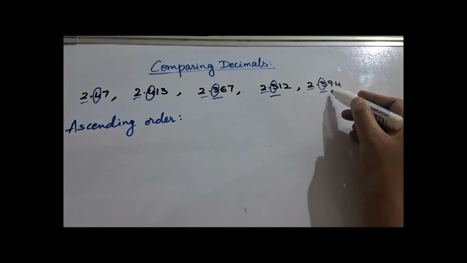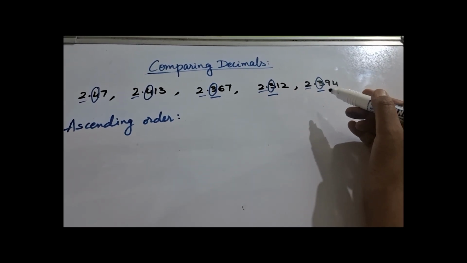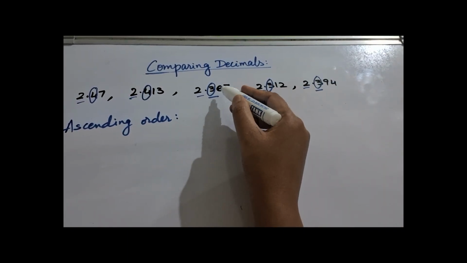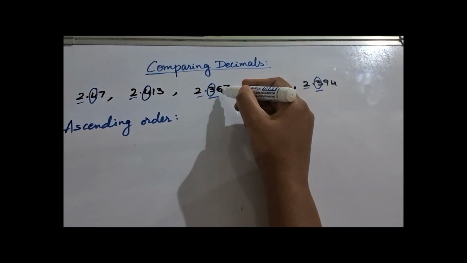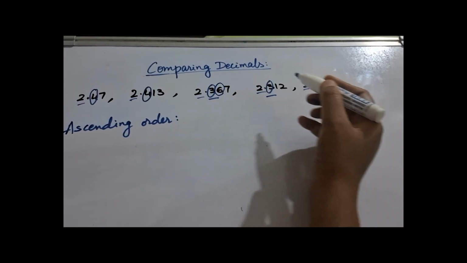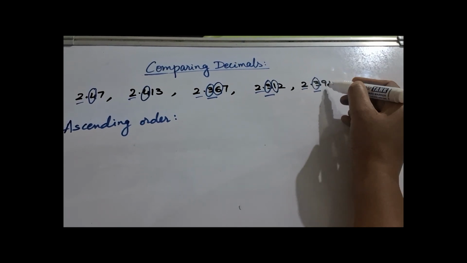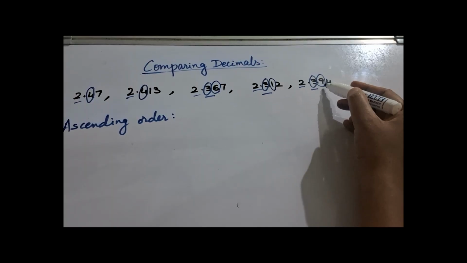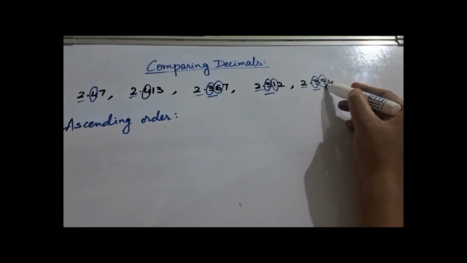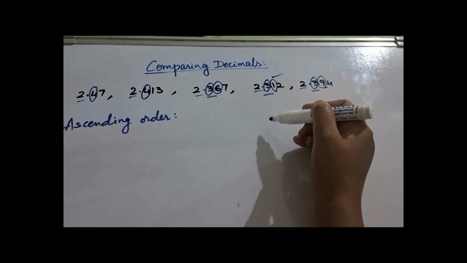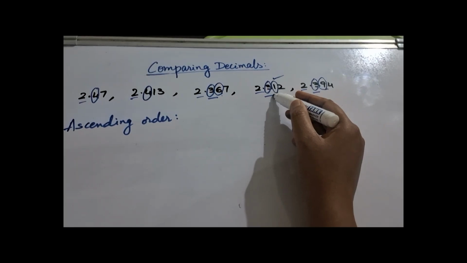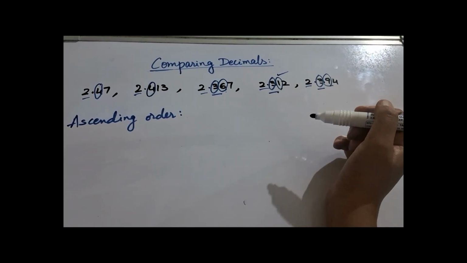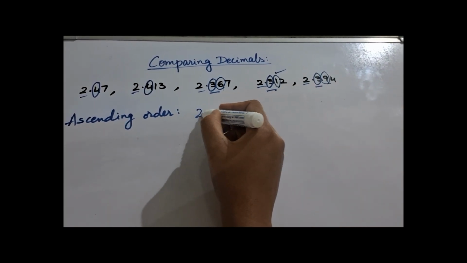So in these three again we have to compare the next digit. The next digits here are 6, 1 and 9. Among 6, 1 and 9, which one is the smaller, children? This one. Okay, so this is the smallest decimal number among these decimal numbers. So we write this one first.